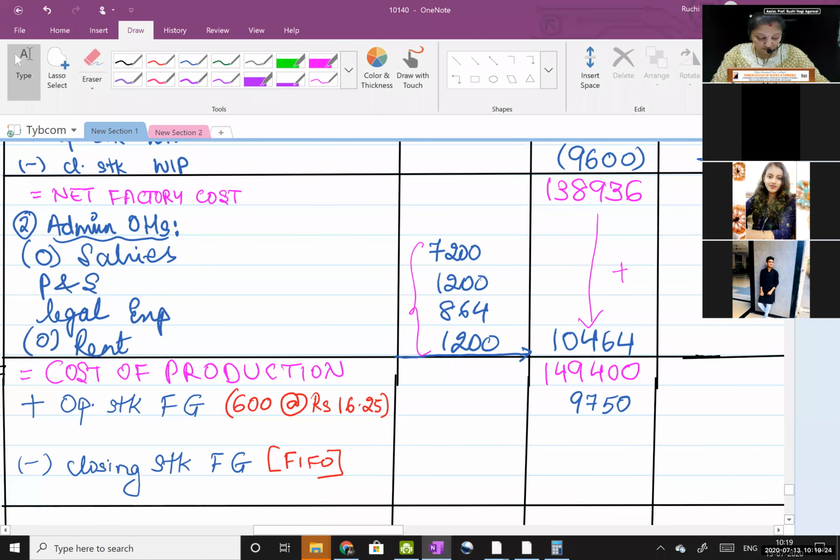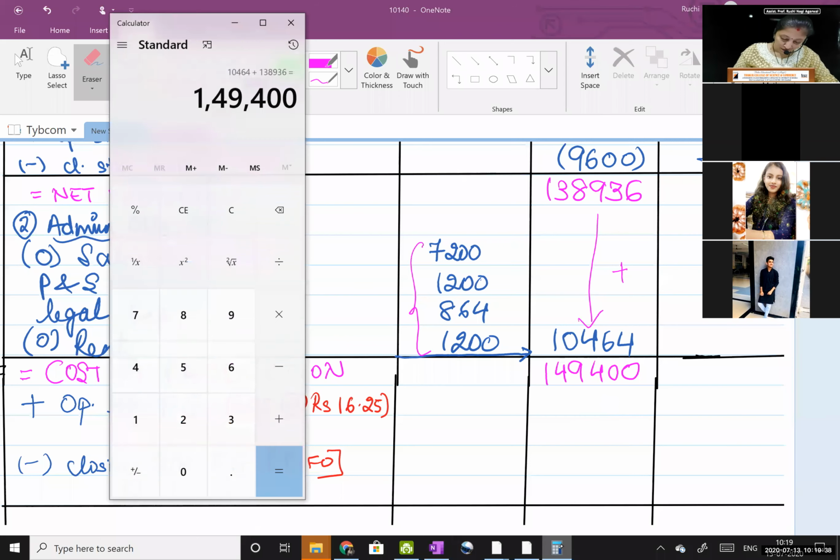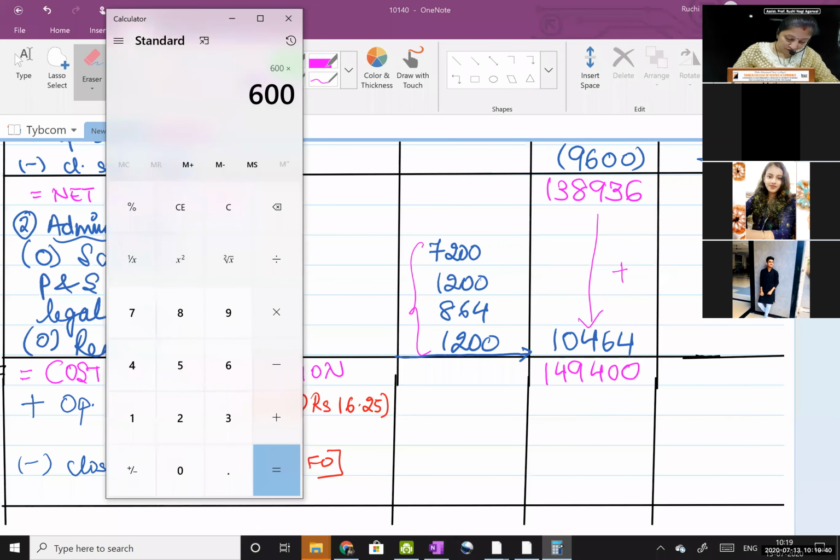Next, opening stock of finished goods. It's given 600 units, and the rate is also given 16 rupees 25 paise per unit. So multiply. So 600 into 16.25. So the answer is 9750.